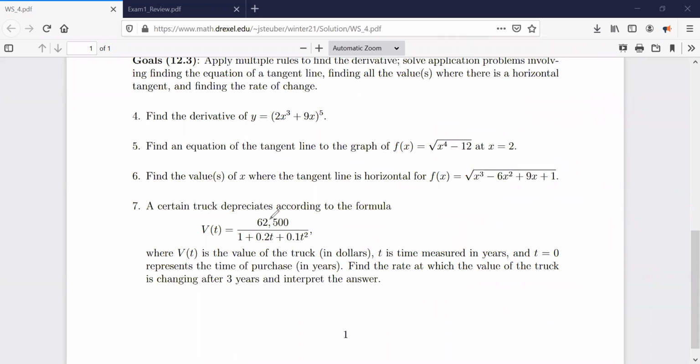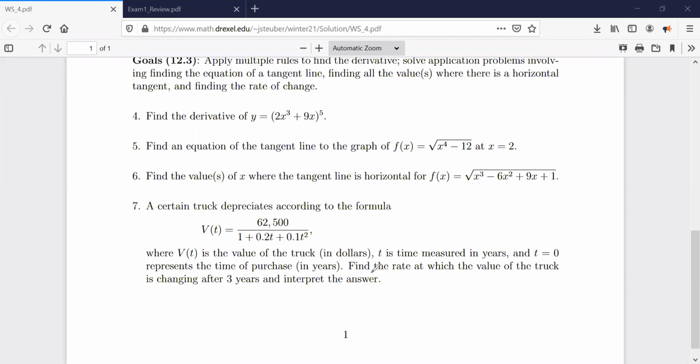A certain truck depreciates according to a formula: V of t is equal to 62,500 divided by 1 plus 0.2t plus 0.1t squared, where V is the value of the truck in dollars and t is the time measured in years, and t equals 0 represents the time of purchase.